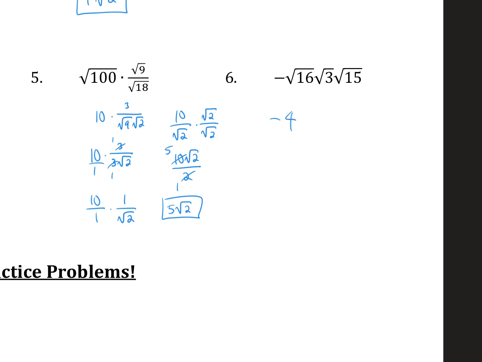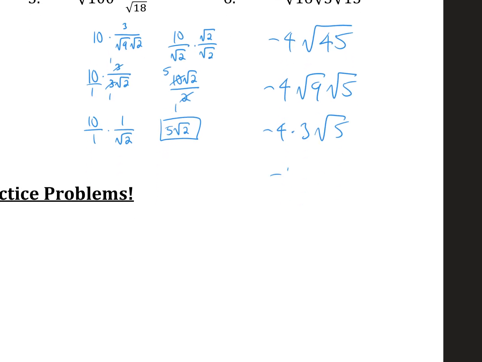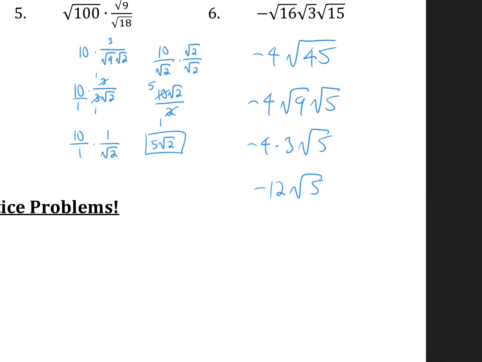So we got negative 4 times, and then 3 times 15 is going to be 45, okay? We have to find a perfect square that goes into 45, which is going to be 9. So 9 times 5 is 45. Square root of 9 is going to be 3. So we got negative 4 times 3 times square root of 5. Then negative 4 times 3 is going to be negative 12 square root of 5.